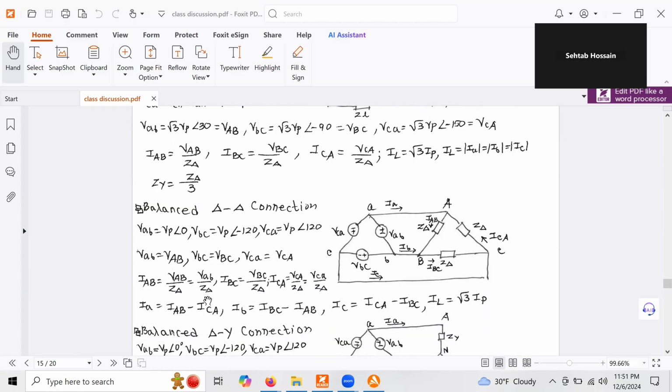So what will be the case for the delta-delta connection? For the delta-delta connection, the phase voltage will be the same, as the positive sequence will be there. So for that delta-delta connection, my line voltage and phase voltage will be the same. This is my IAB, the line current, and Z delta.